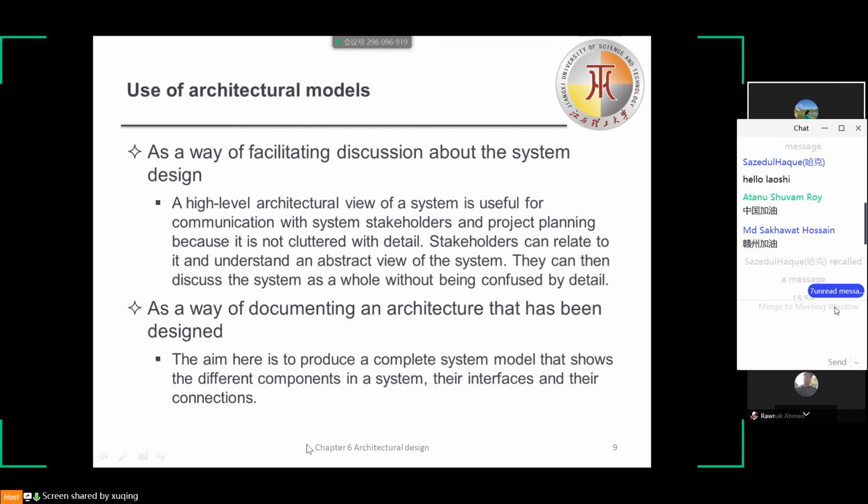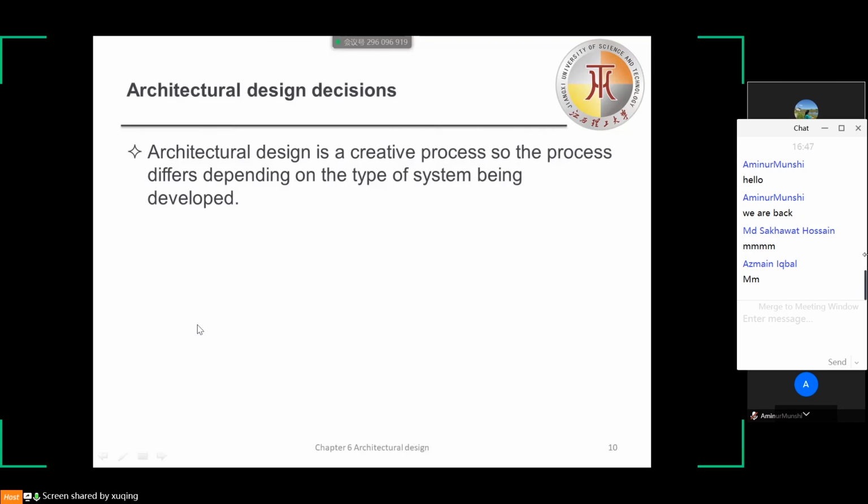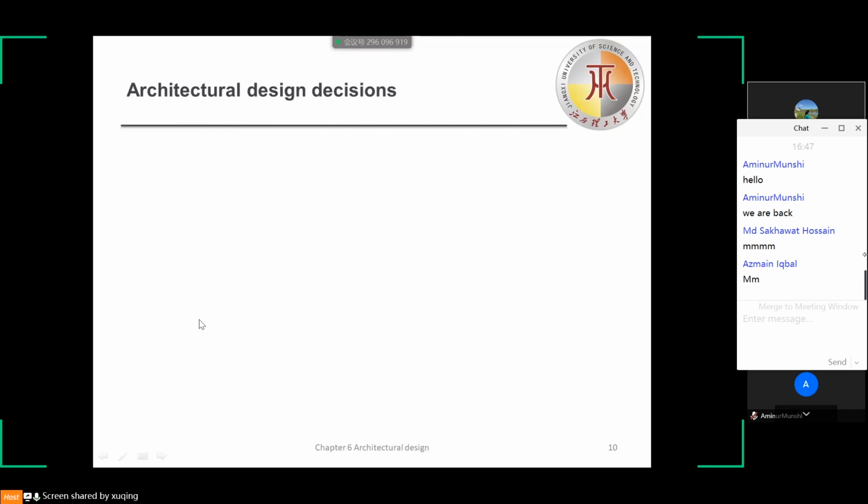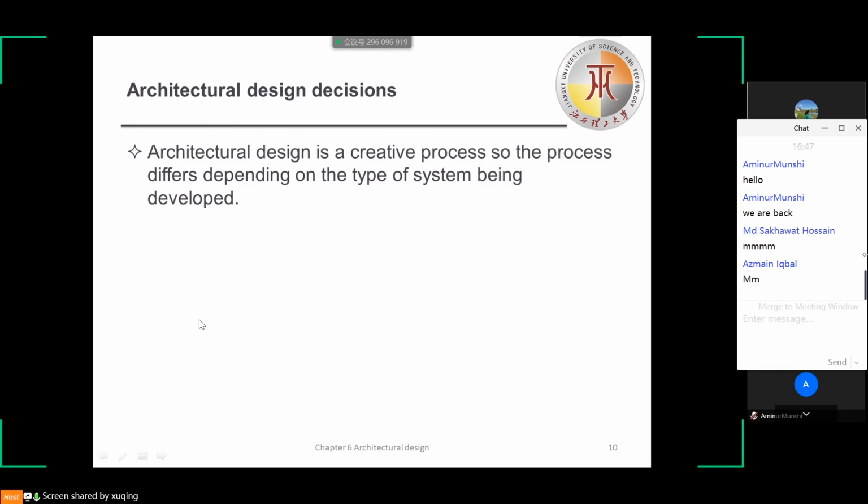You see, here are the two ways in which an architectural model of a program is used. We had an introduction to the architectural design. Now we'll talk about the decisions of architectural design in detail. We say architectural design is a creative process. That means it will have many different possibilities.